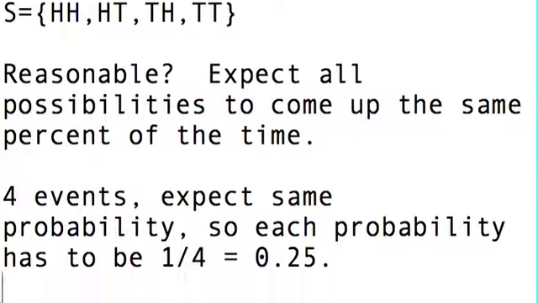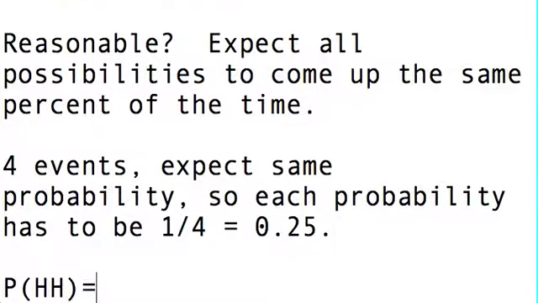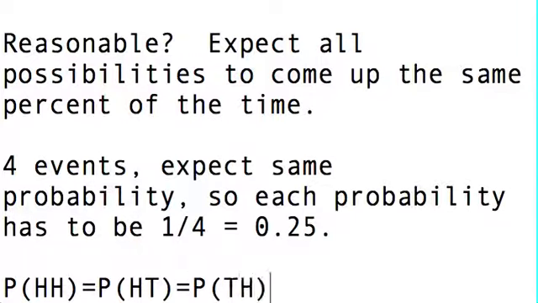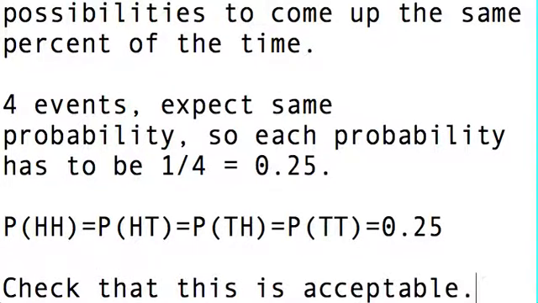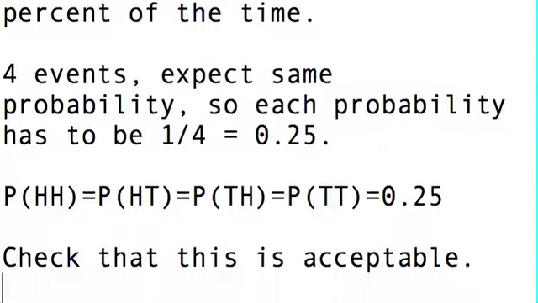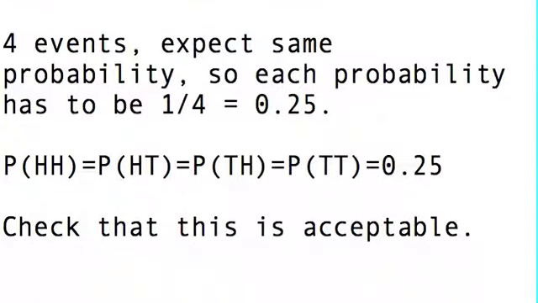We'll talk about that in a bit. So the probability of heads, heads, the probability of heads, tails, tails, heads, and tails, tails are all 0.25, and just check that this is acceptable. The only thing you really need to check is that the sum of these four numbers actually is 1. It's also reasonable because it's what we expect.